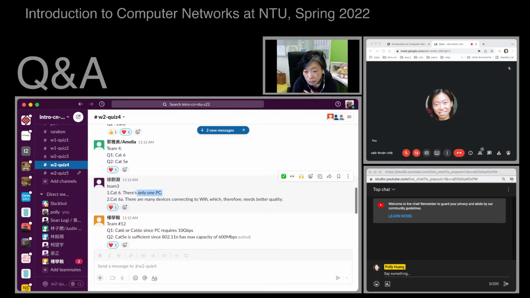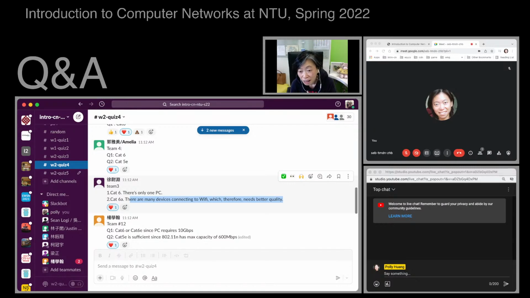That's perfect. There are many devices connecting to Wi-Fi. Yeah, there are, but be careful here. These devices connect to the AP, and if the AP is 802.11ac or 802.11n, the maximum capacity of the AP is less than 1 gigabits per second anyway. So 6A is way more than enough. 5E is actually enough as well.